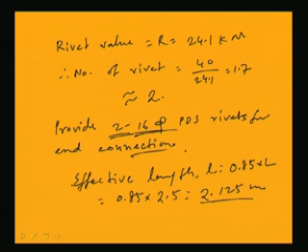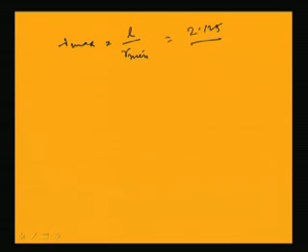Okay. So, lambda max will be L by r minimum. So, L is 2.125 by r minimum, 15.6. So, this is coming 136, which is less than 350 as per the codal provision. So, this is okay.